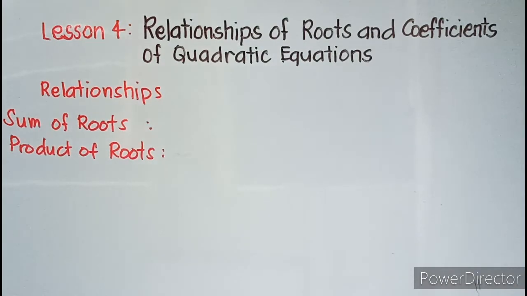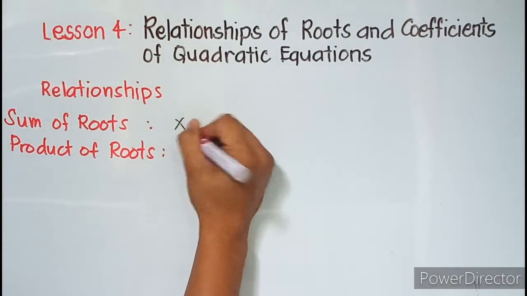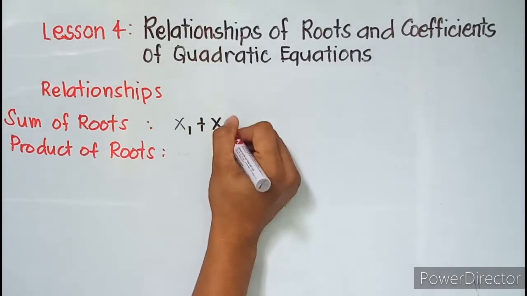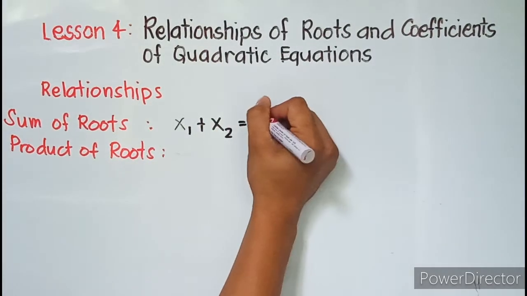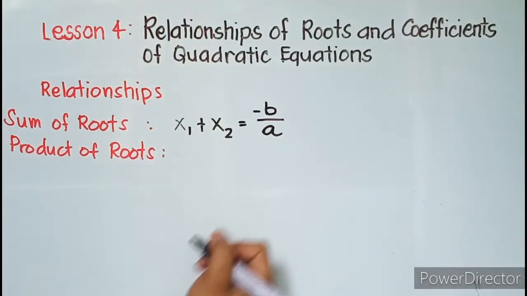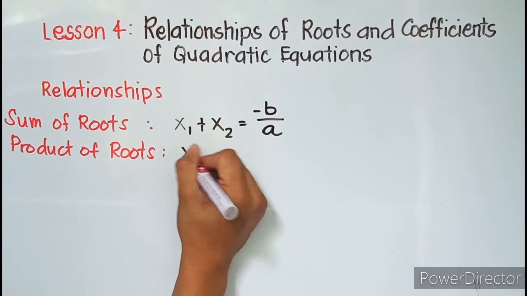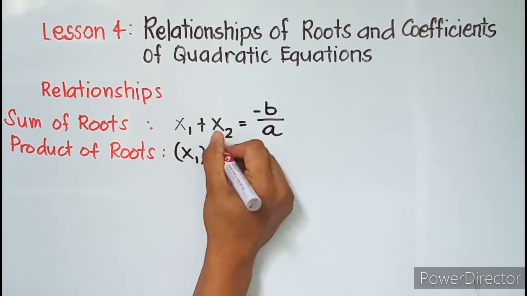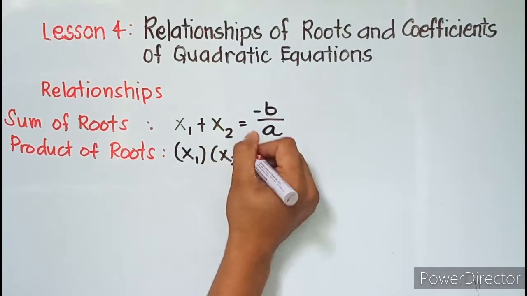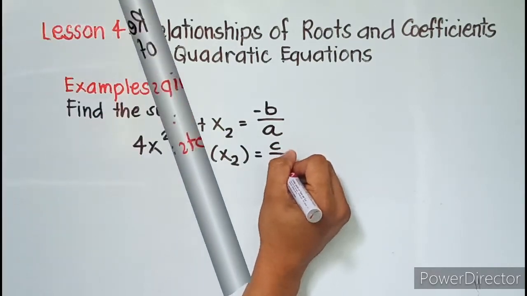Again, the relationships of roots and coefficients of quadratic equations are, number 1, sum of roots. So we have x sub 1 plus x sub 2 is always equal to negative b over a. And for the second one, product of roots, we have x sub 1 times x sub 2 always equal to c over a.